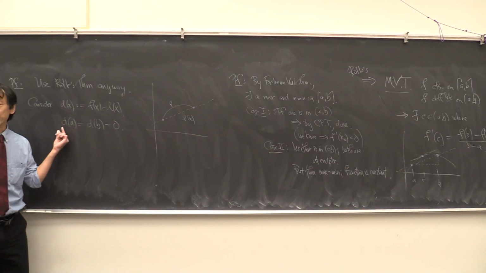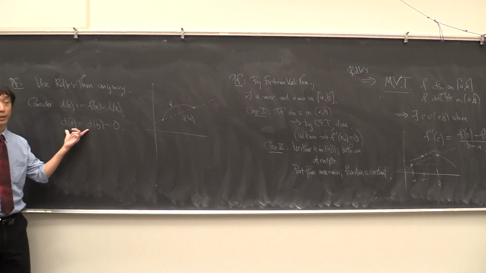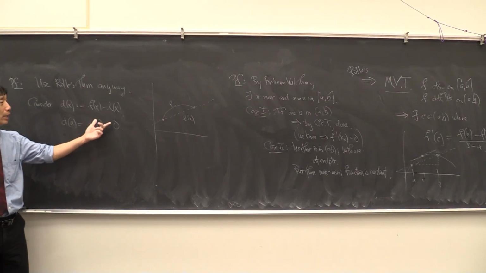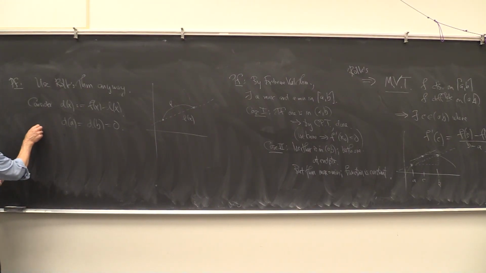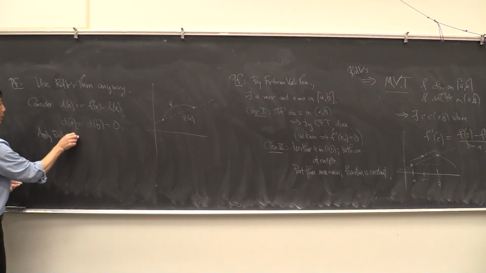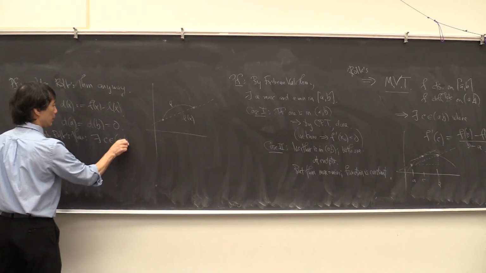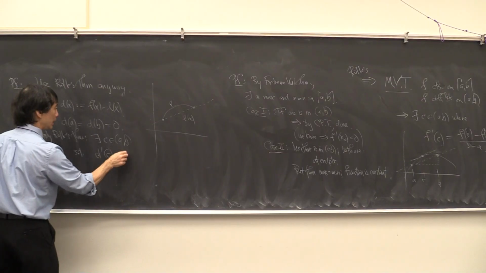Further, d is continuous on the closure and differentiable on the interior, because each of the pieces is. And so we can apply Rolle's theorem to it. And we get that there exists a point in AB where the derivative of d is equal to 0.